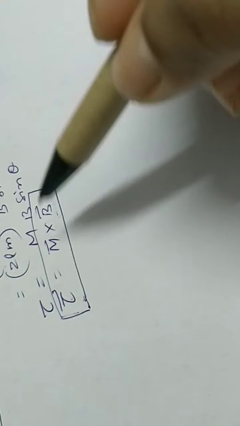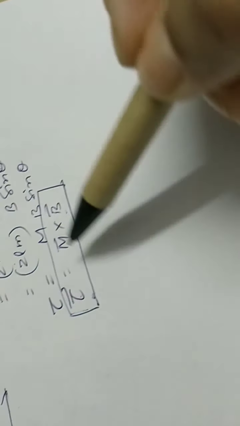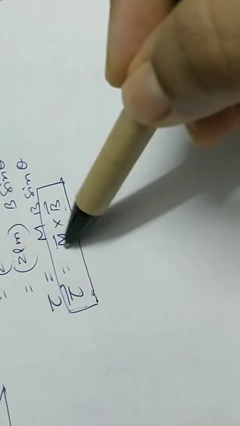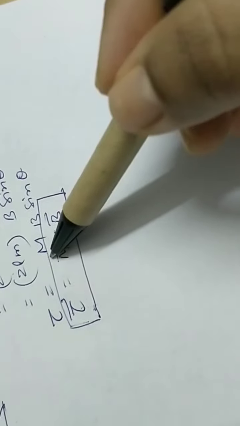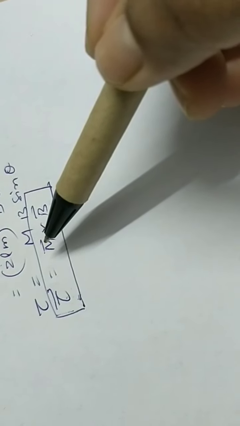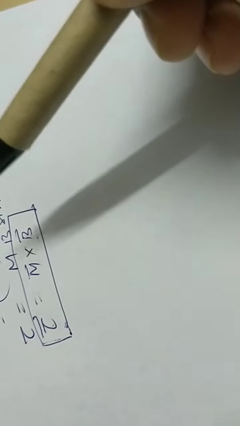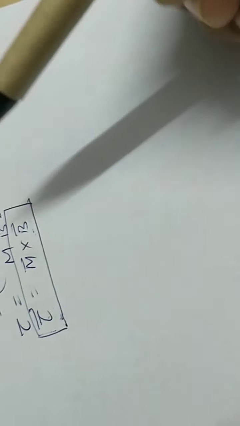And how will you define the magnetic dipole moment? One way is the product of the magnetic pole strength with the small distance between the two poles.